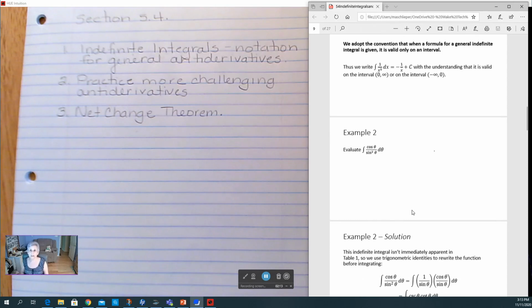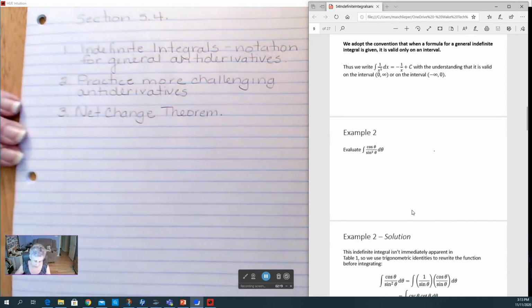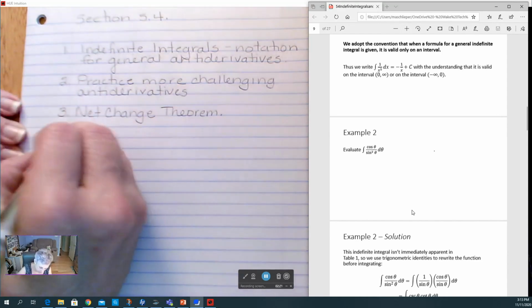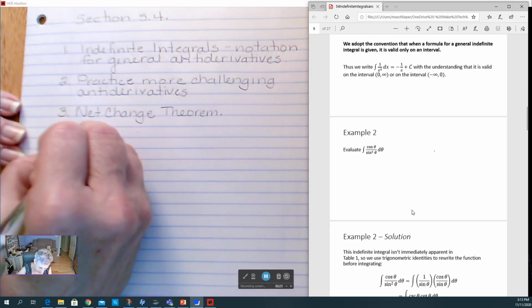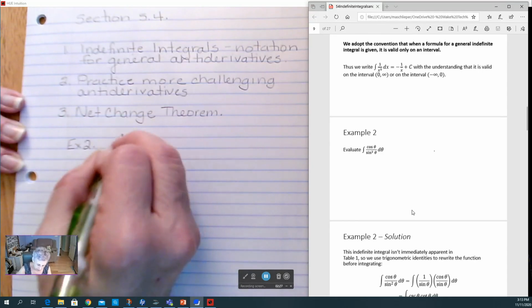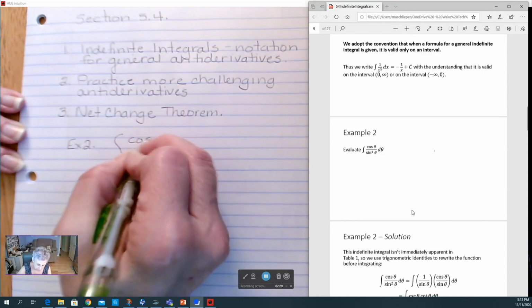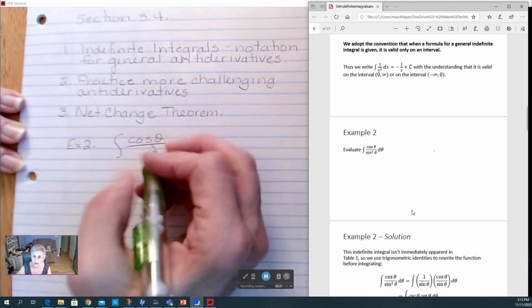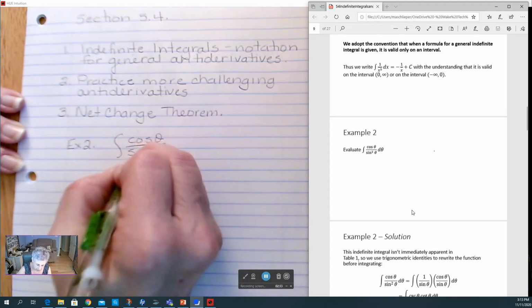So let's look at an example that doesn't just jump right out at you and tell you what the antiderivative is. We have the integral of cosine of theta divided by sine squared of theta.